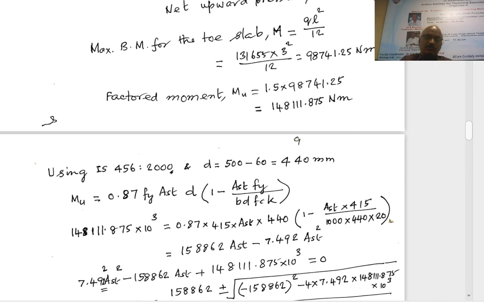So here again we ought to take the thickness. We assume the thickness as 500 mm, cover is 60 mm, thickness 500 minus 60 equal to 440 mm, right. Because in this case, we have assumed the thickness at the beginning from bending moment consideration and also from shear force consideration.